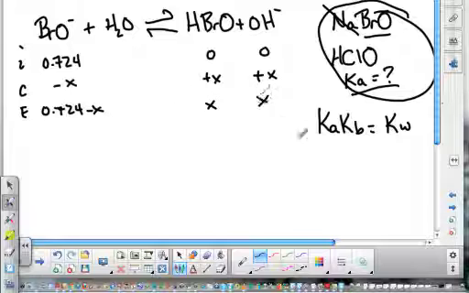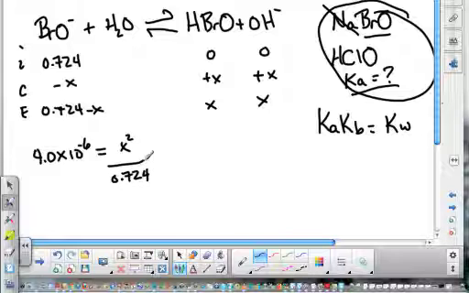All right, so I'm going to solve the equilibrium. Even though I know with a 10 to the minus 6, I can probably make the approximation, I'm going to walk you through how to do it. So x squared over the 0.724. So make the approximation and solve for x. All right, x is equal to 1.7 times 10 to the minus 3. Now, was I justified in making that approximation?